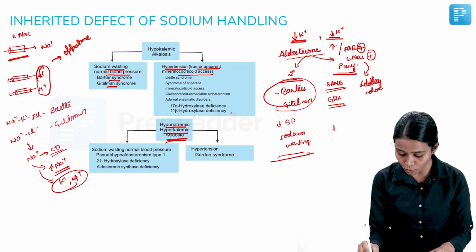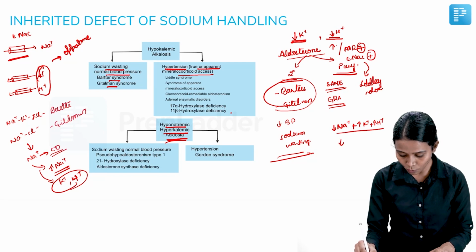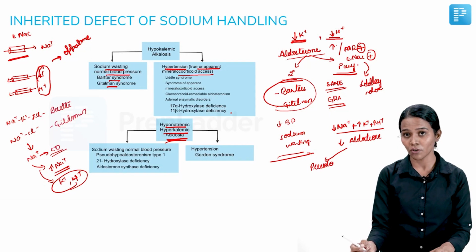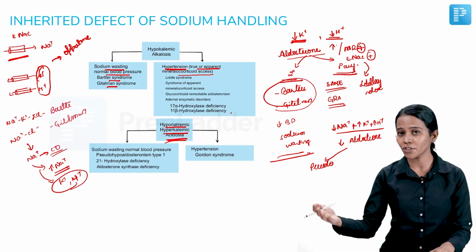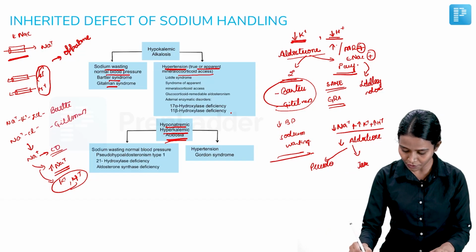So low sodium plus increased potassium and increased H plus means there is low activity of aldosterone. Okay, so this can be pseudohypoaldosteronism. Like I told, there could be an inactivating mutation of the mineralocorticoid receptor or the ENaC channel, or this can be true aldosterone synthase deficiency.